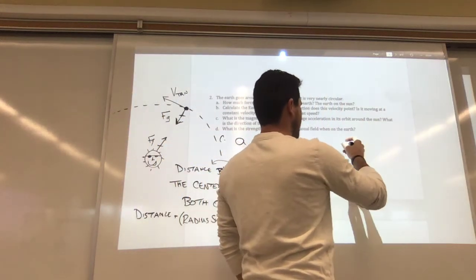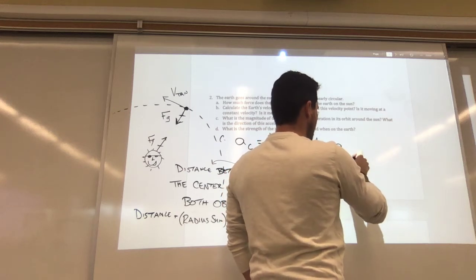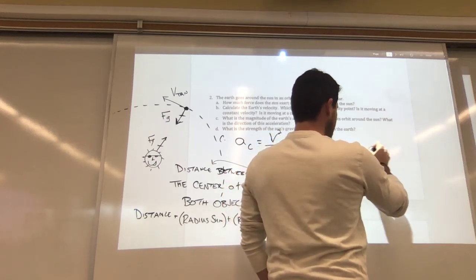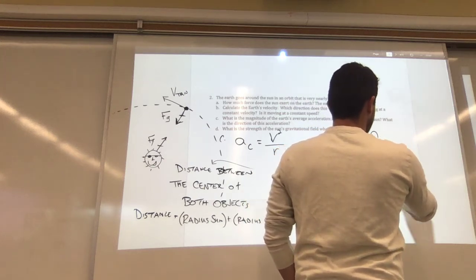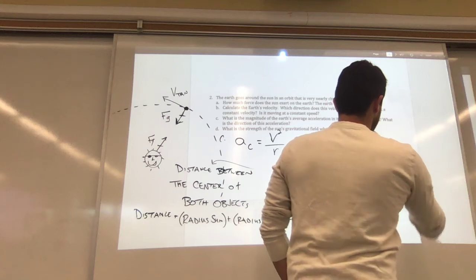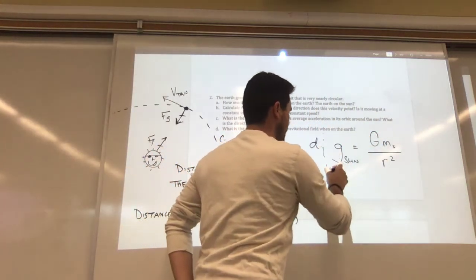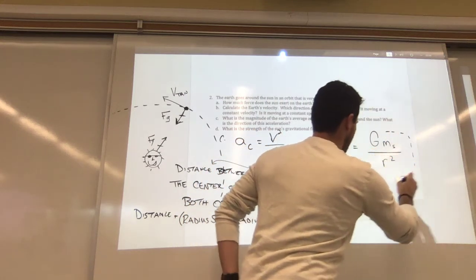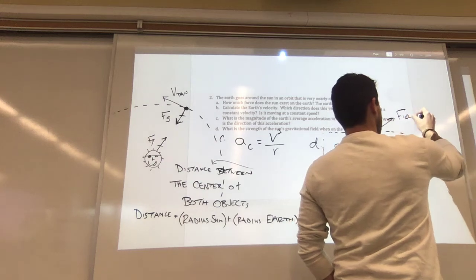On worksheet number 5, we talked about acceleration due to gravity, or the g of the Sun, which is equal to Mama G times the mass of the Sun divided by the radius squared. We loosely called this the gravitational field strength. In my last video, I put a dotted border to say this is what we call field strength.